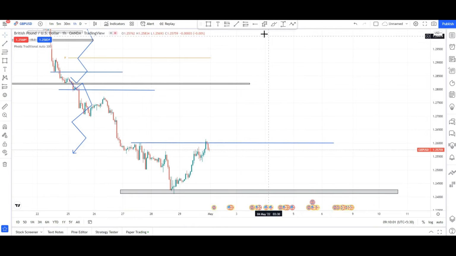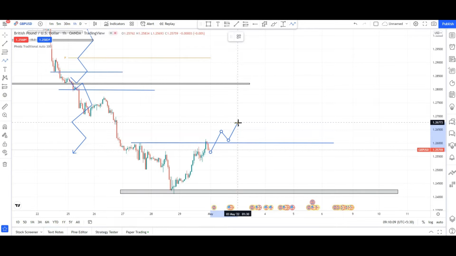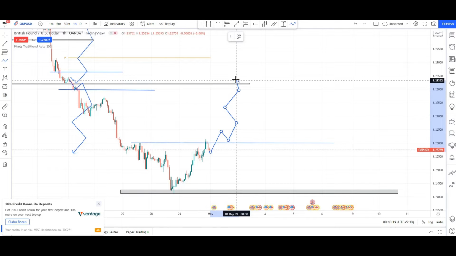If it breaks and takes support somewhere here, then at least your first target will be here, second and third target. Then if it breaks, you can go further also, fourth and fifth.